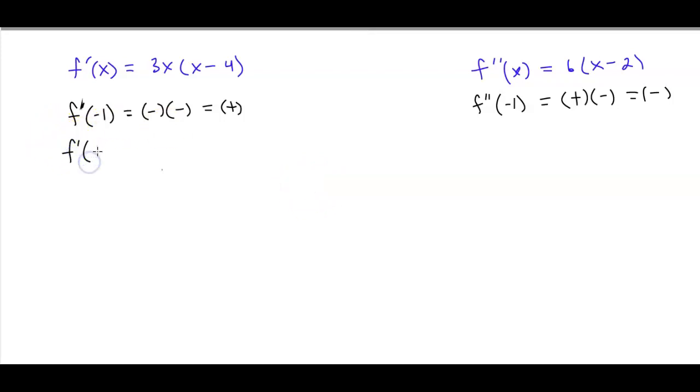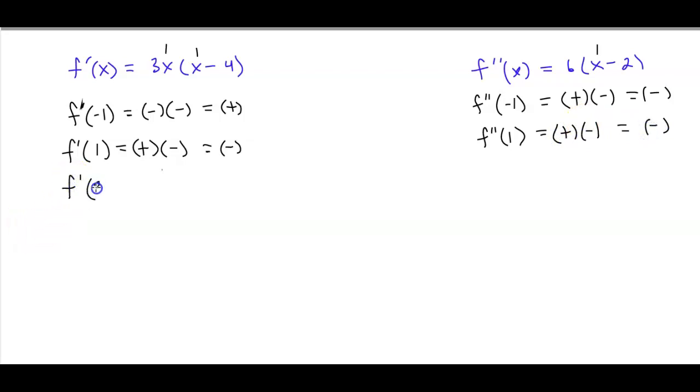So for this next one here, we had a test value of 1. And of course, if I plug in a 1 here and a 1 here and a 1 here, then for the first derivative, 3 times 1 is a positive number. 1 minus 4 is a negative number, and my result is negative. And for the second derivative, of course, I got a positive number times a negative number again, which would be negative.